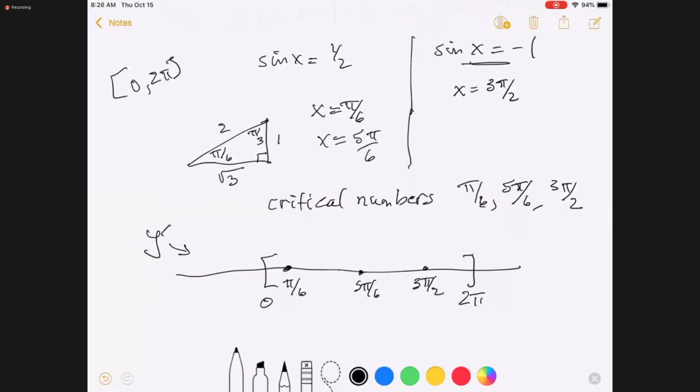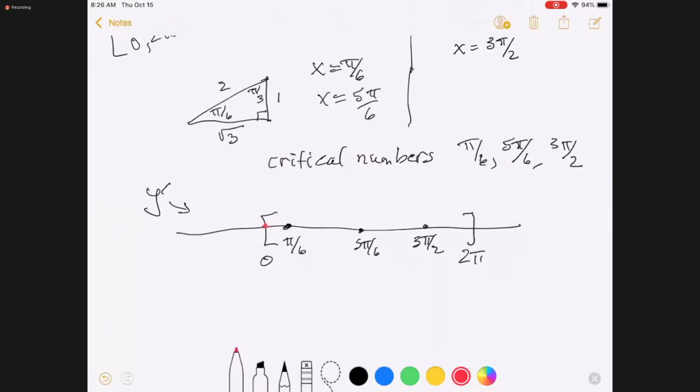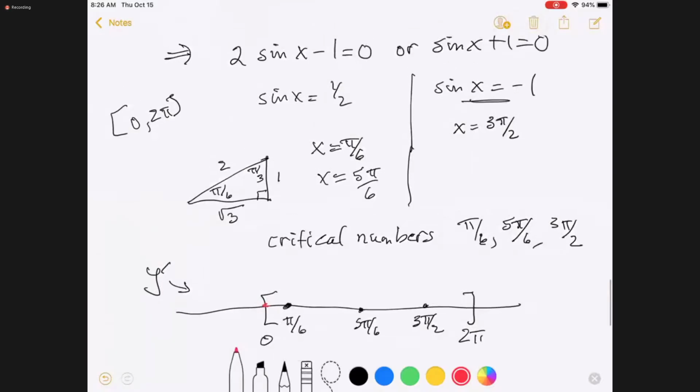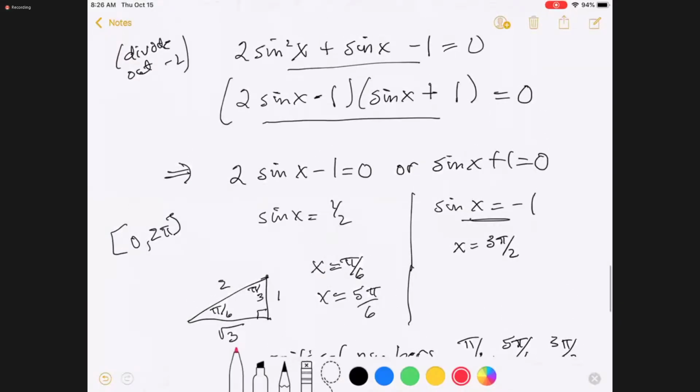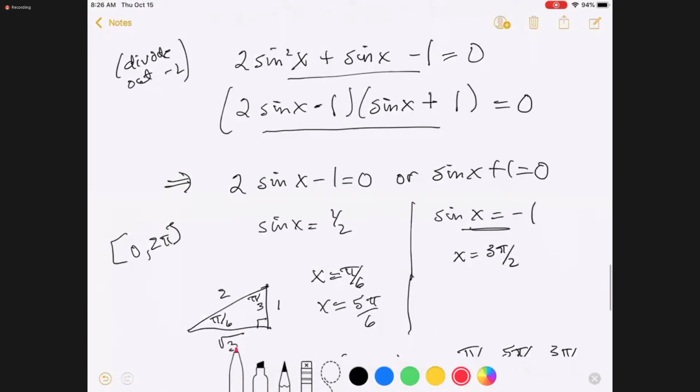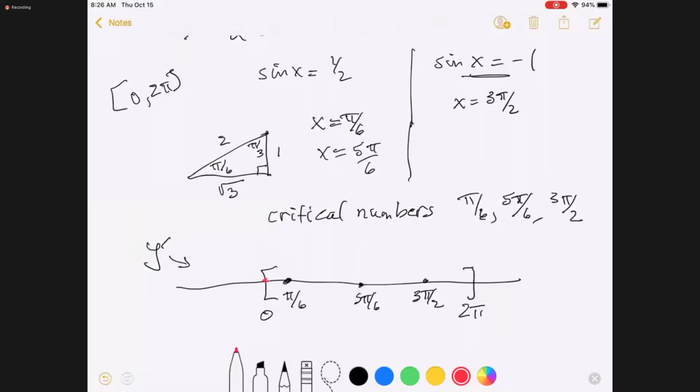So check intervals. How about 0? I can check 0. It's easy. Here's where I need to remember what f is. No, I don't need to remember what f prime is. Okay, so f prime is, I'm writing it just so I can have it sitting in front of me here.